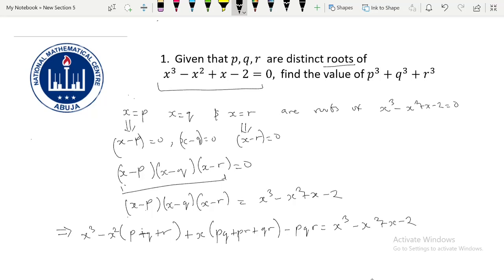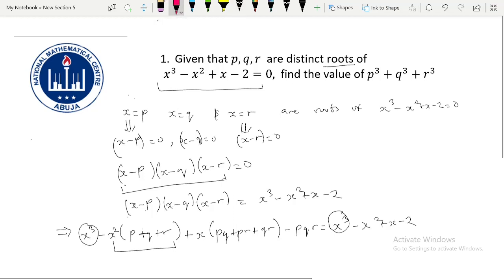Then you can compare terms. The x cubed on this side has to be equal to the x cubed on this side, so that's fine. On this side we see minus x squared into p plus q plus r has to be equal to minus x squared on this side.